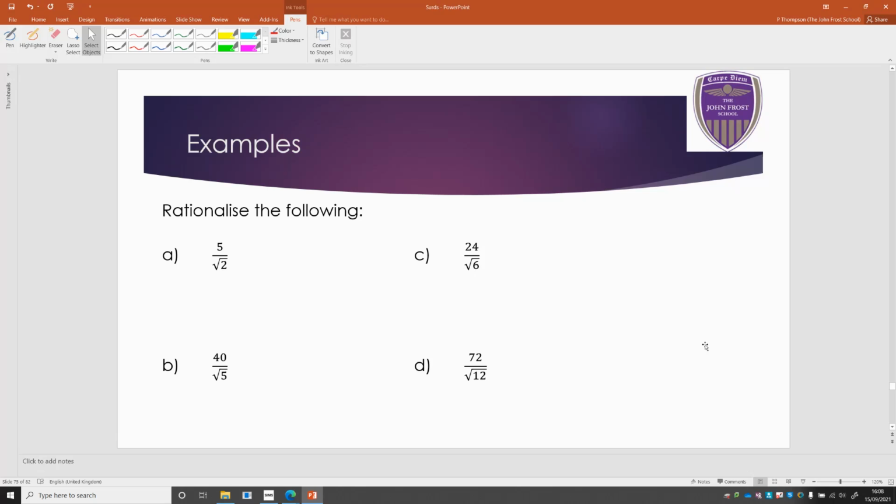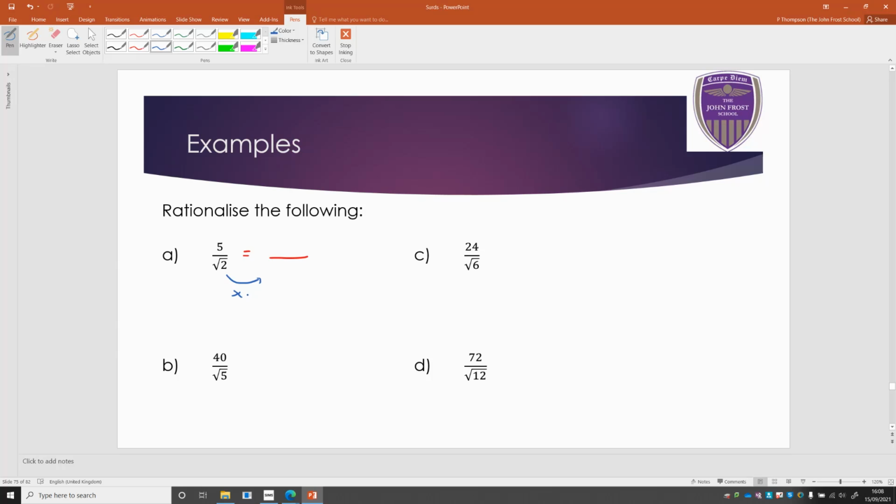So here are the examples. Maybe pause the video, write these down, come back when you're ready. Okay, welcome back then. Now this one is what I showed you before. You may have put this into your calculator already. But to get rid of the surd from the denominator, the trick you can use is to multiply it by itself.